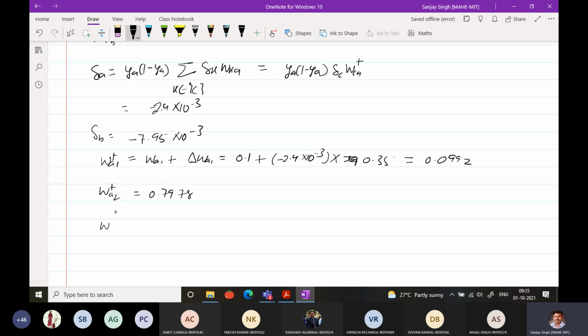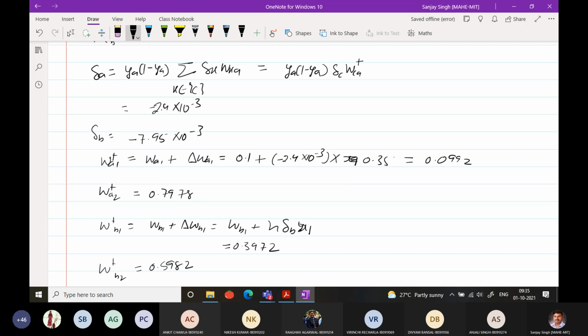Similarly, I have to calculate WB1 plus, which is nothing but WB1 plus delta WB1, equal to WB1 plus eta delta B x1. When you substitute all these values, it comes out to be 3.3972. Similarly, WB2 plus comes out to be 0.5982.